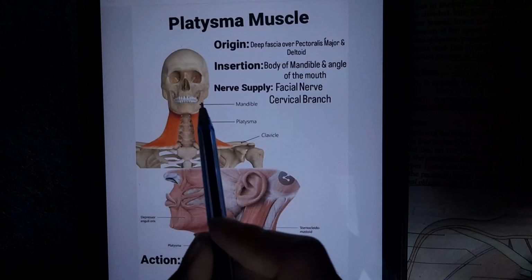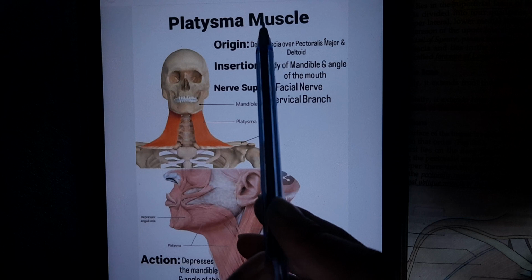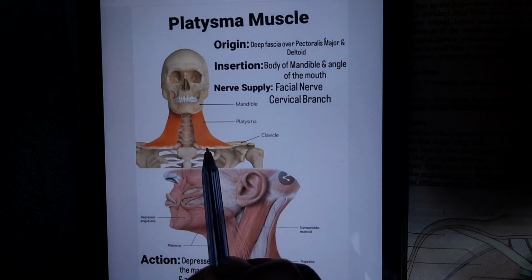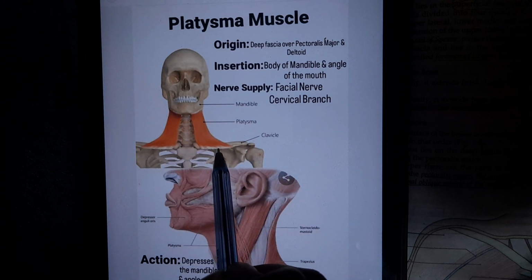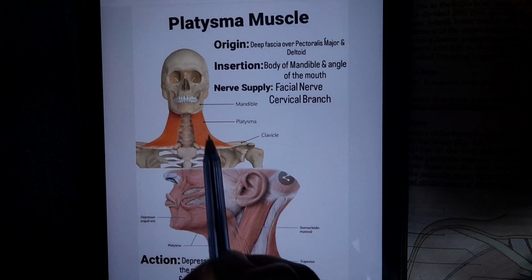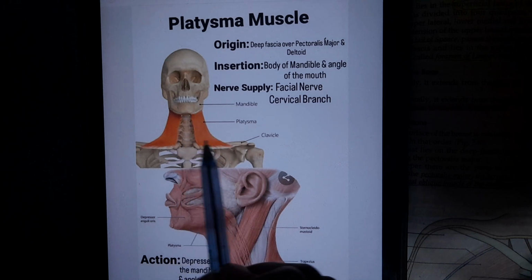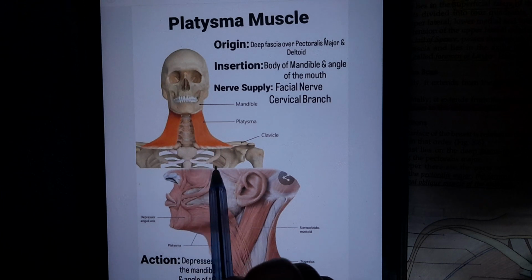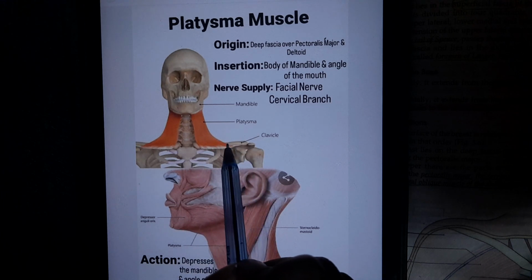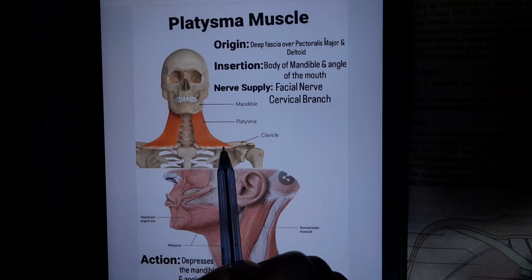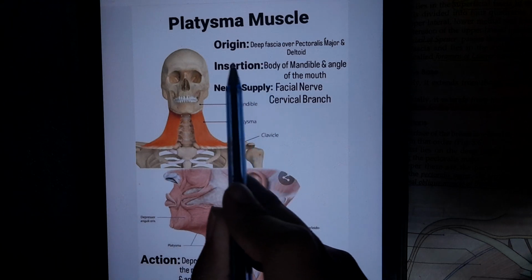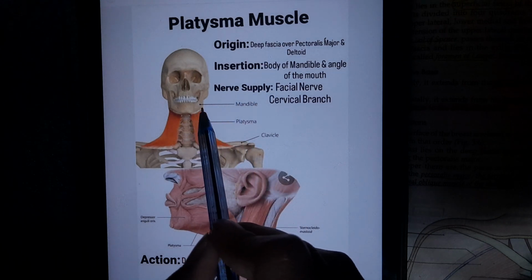So look at this muscle. Now they are talking about the platysma muscle, which is arising from the clavicle. Why is it important in the pectoral region? Because it is going to cover your deep fascia. It is connected with the deep fascia of the pectoral region. So this platysma muscle is having its origin from clavicle. As you can see, insertion is going to be on the mandible.